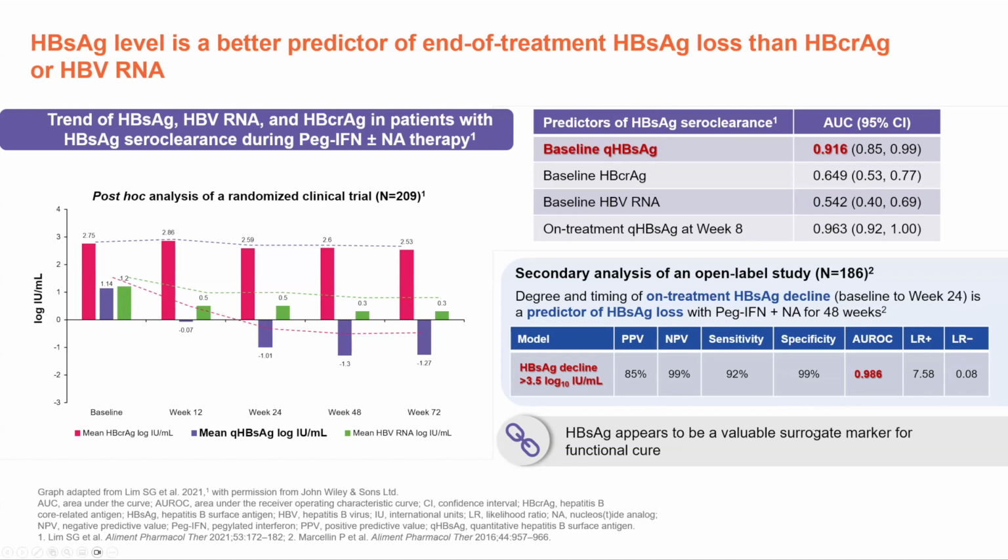And on treatment, S antigen decline greater than 3.5 logs predicted seroclearance of HBs antigen with high sensitivity and specificity. So as a surrogate for future functional cure, quantitative S antigen is the best of the predictive biomarkers.